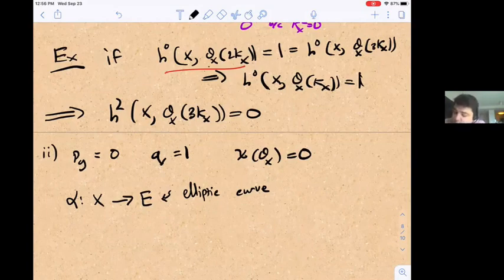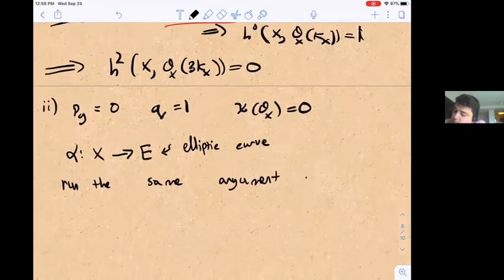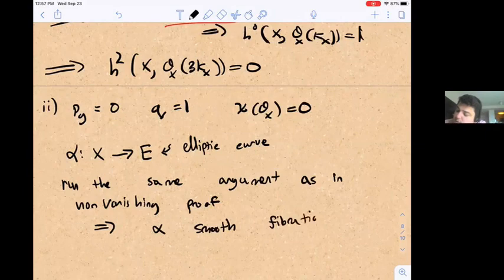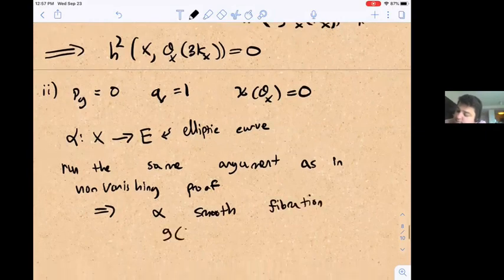Then this tells us that alpha is smooth. And the genus of the fibers is 1.